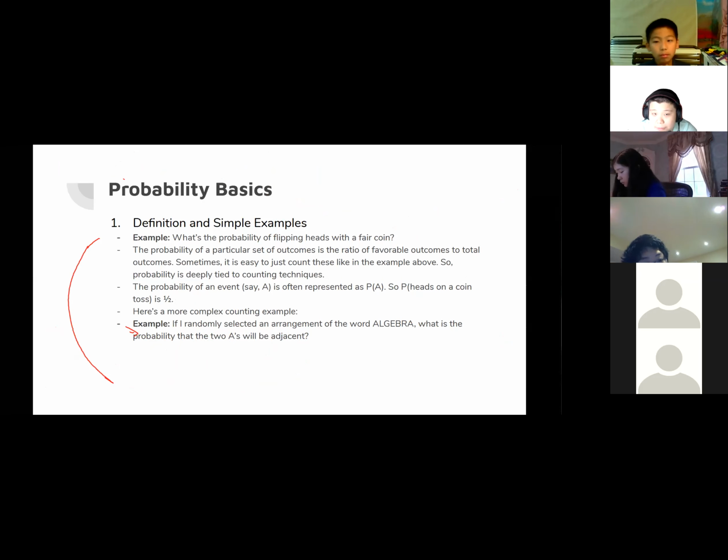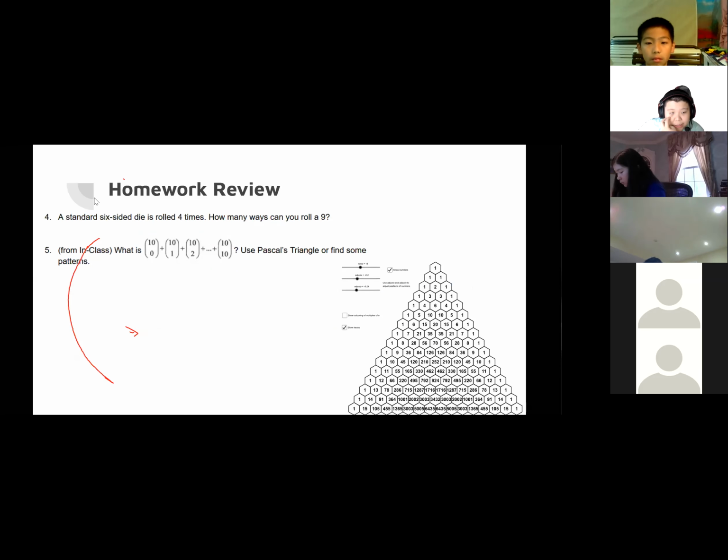Someone said, I think I would have trouble knowing when to use stars and bars and when to use normal combinations. Okay, stars and bars does use combinations. You use combinations when you're choosing objects from several. Let's say we have 9 objects.